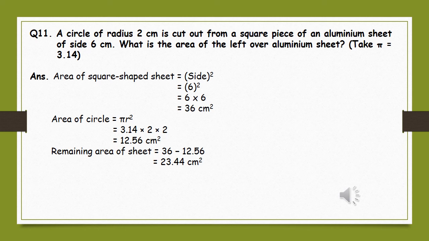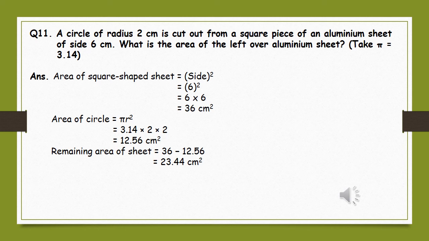Here the length of each side is 6. So area of the square sheet will be 6 into 6, that is 36 centimeter square. So whenever you are writing square, it does not mean you are multiplying with 2. That means we have to do 6 into 6.